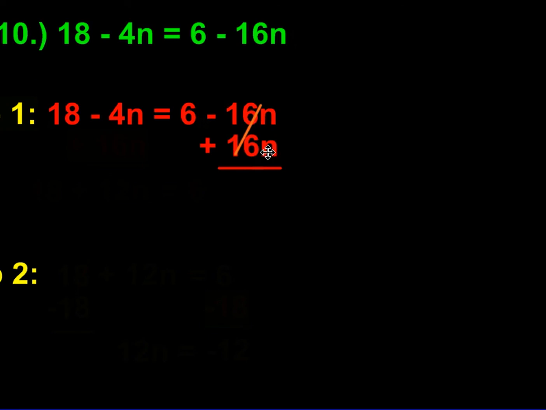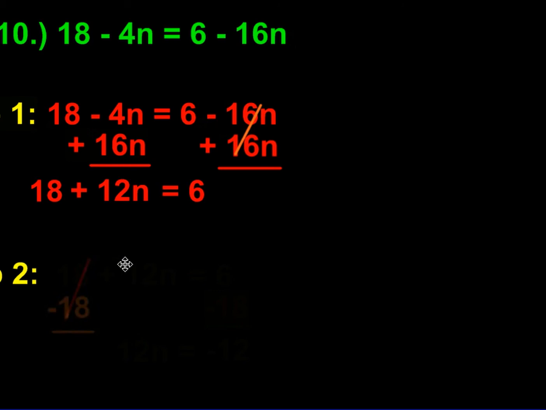And if we did it to this side, we're going to have to do it to this side. So we have 16n, and that's going to give us a positive 12n. The equal 6 needs to be brought down, as does the 18. And so we have 18 plus 12n equals 6, which brings us to our next step.